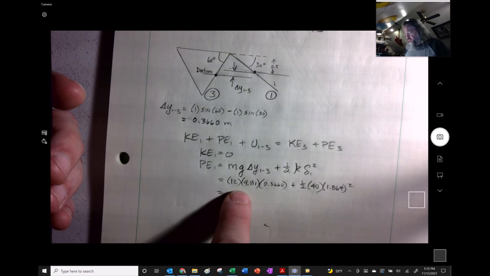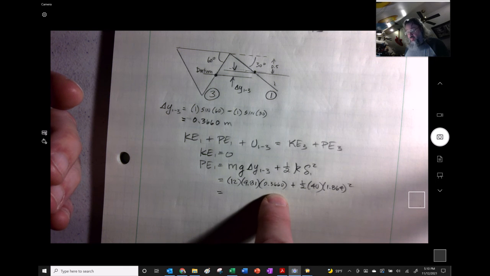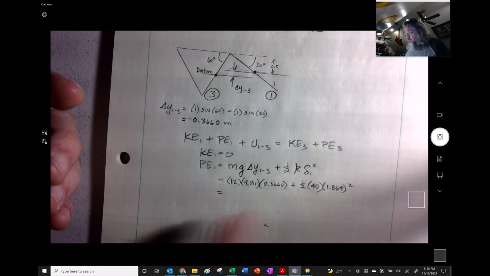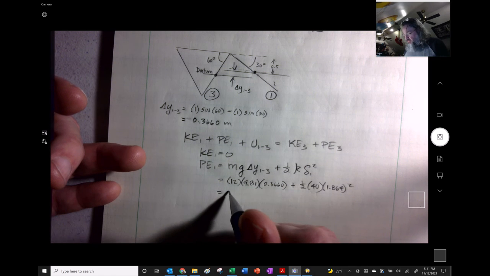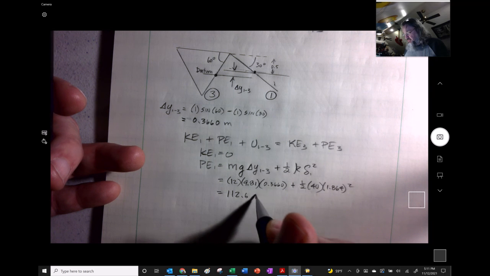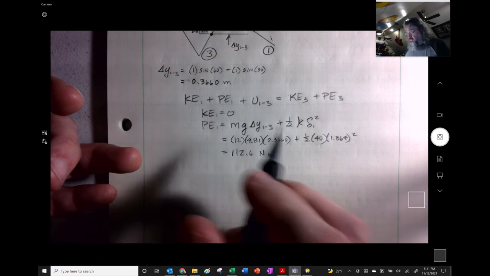So we're going to end up with, let's get 12 times that, 9.81 times. All right, this part ends up to be 43.089, and then this is 1.864 squared, 40 times 2 divided. That was that 69 that we had before, so we add them together. So now the potential energy in the beginning is actually 112.6 Newton meters.